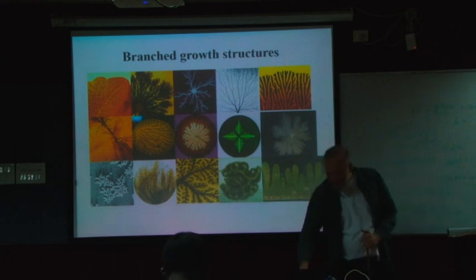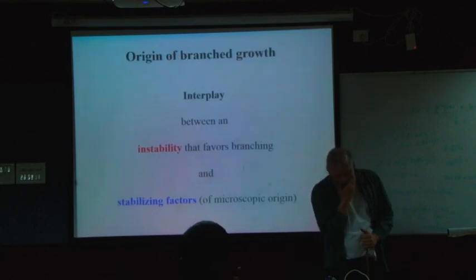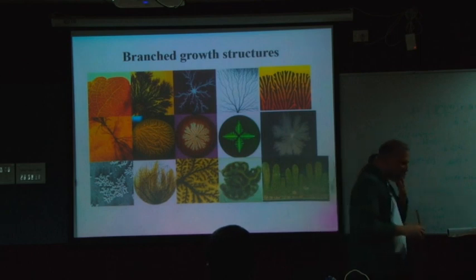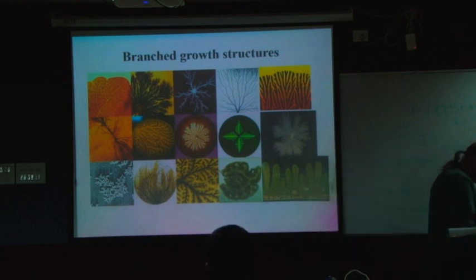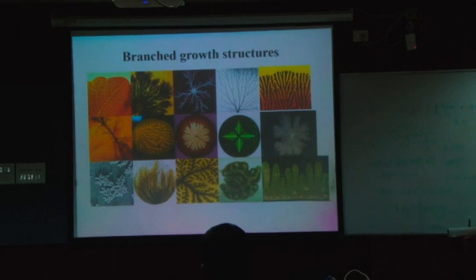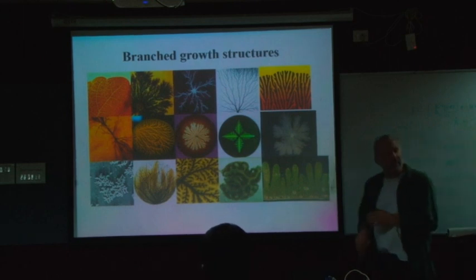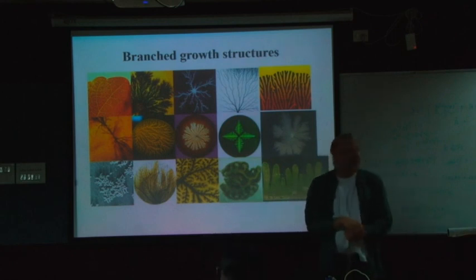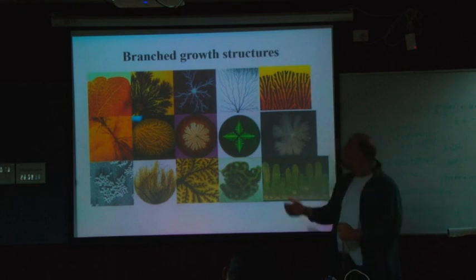Okay. And why are we able to describe such phenomena with methods like the phase field method? The reason is that they all have a similar origin, because you see here are many different ramified structures.